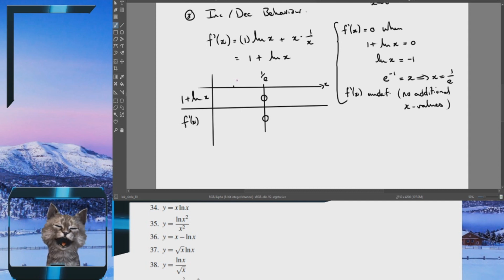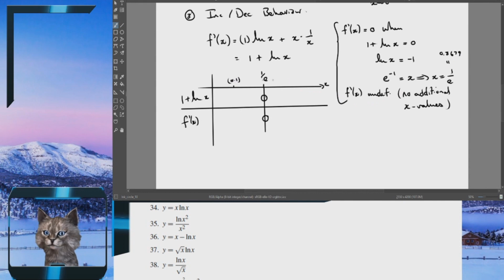You can't plug in 0, but 1 over e, let's see what is 1 over e in case you are curious. 1 divided by e is 0.36-ish, 0.3679.